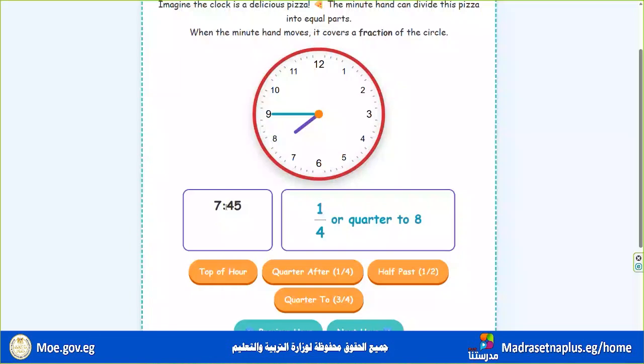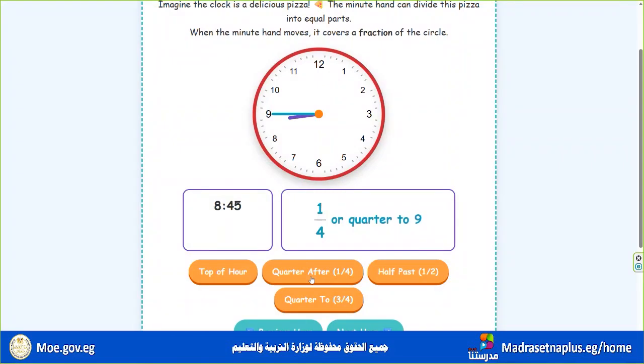Quarter to versus quarter past. Here is how to differentiate between both. Quarter to means your minutes are 45. You can say quarter to. Let's start again. 8:45 means quarter to 9, or fourth to 9.